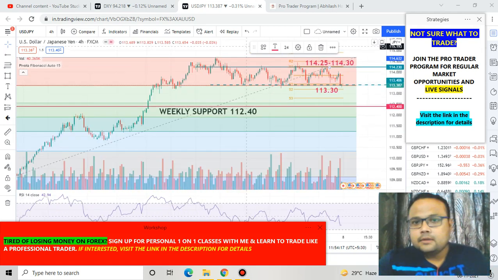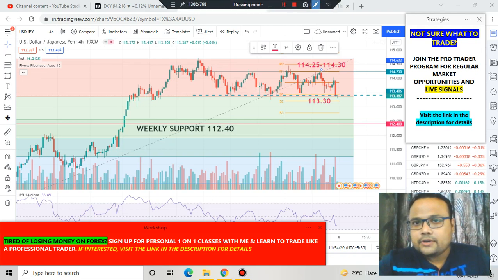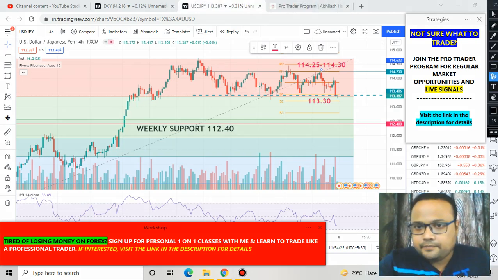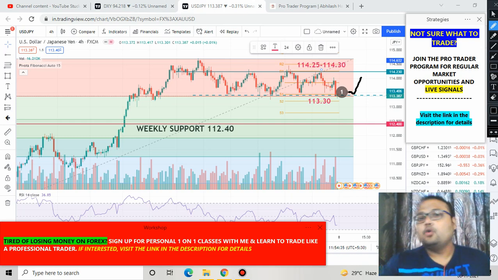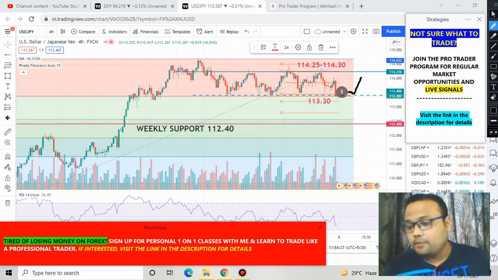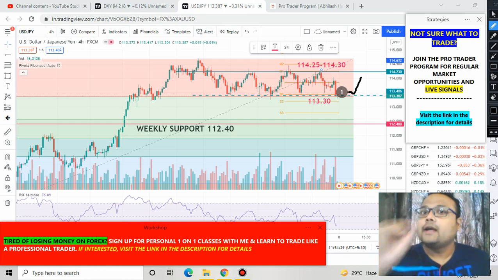For Monday, your first trading opportunity is, if the market bounces from this particular level, if you find the market going up from here, taking support at the 113.30 level, you can go for a buy. Yes, you can go for a buy.